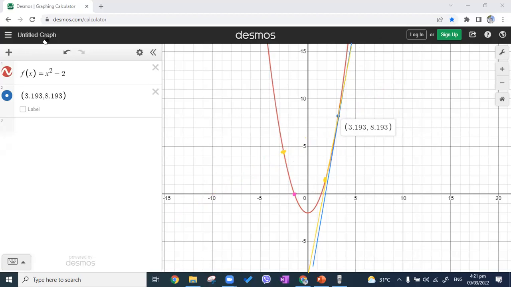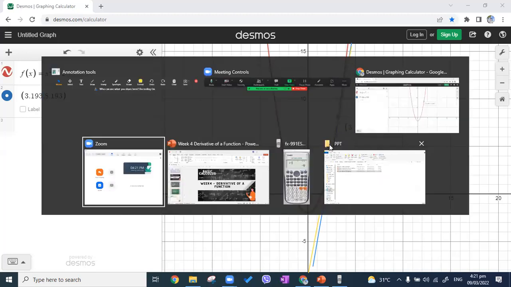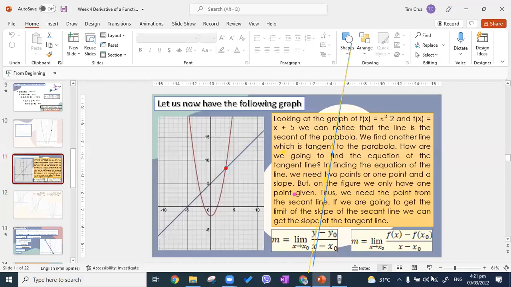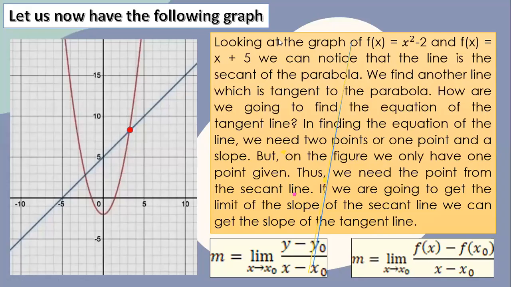Okay? So mathematically, paano natin ko-computein yung slope nun? Okay? So mathematically, ganito po yun. So balik tayo sa ating PowerPoint. Okay?